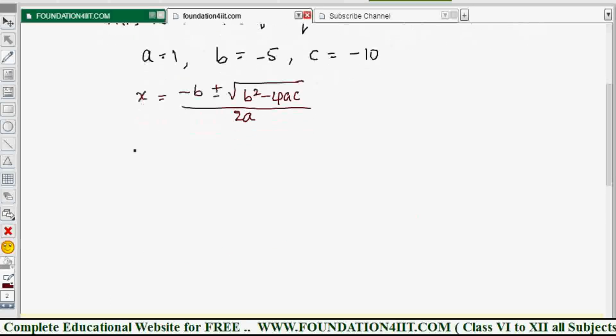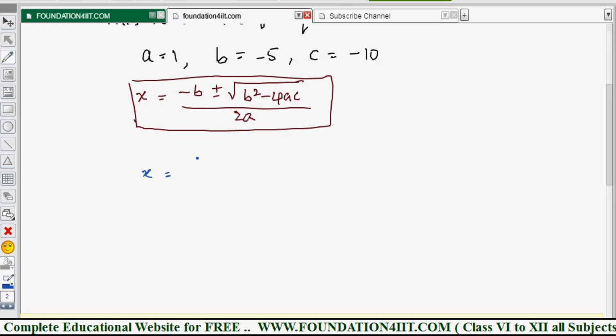So x is equal to minus b. Minus is already in the formula, and the b value is minus 5. In that case, you keep the bracket, because most of the students make mistakes this way. Minus b: the minus is in the formula, and the b value is only minus 5.